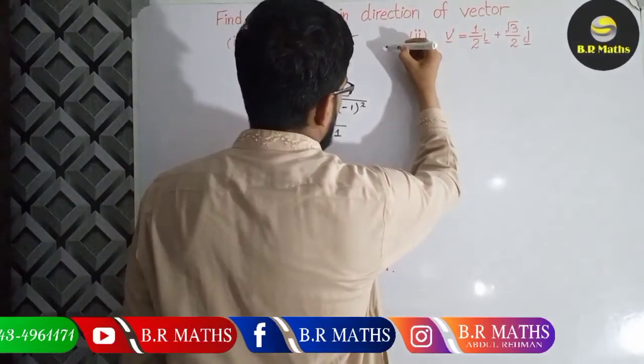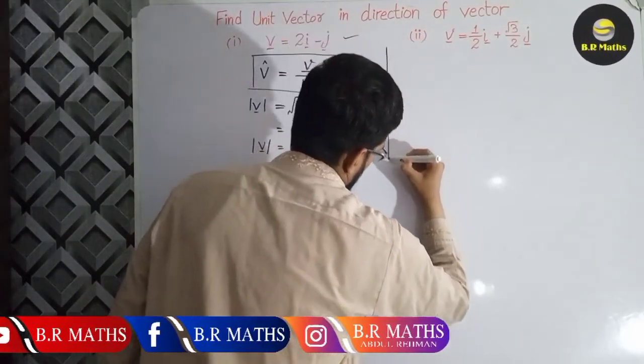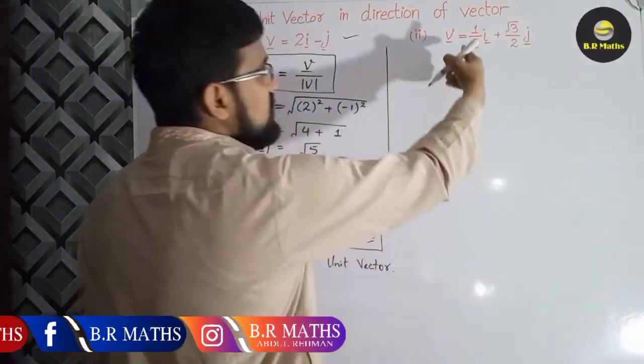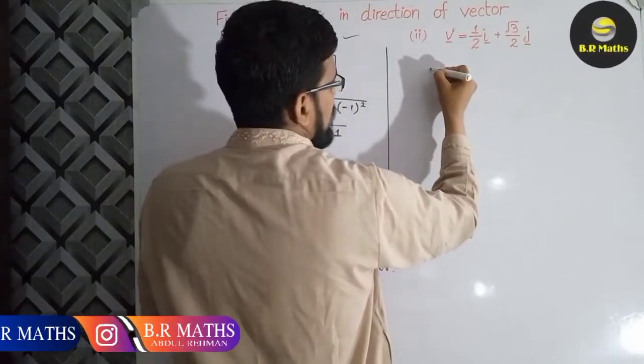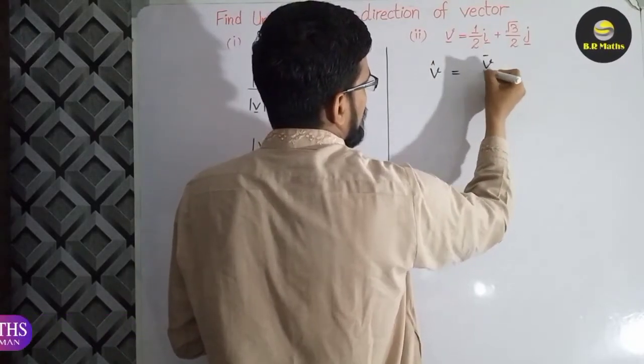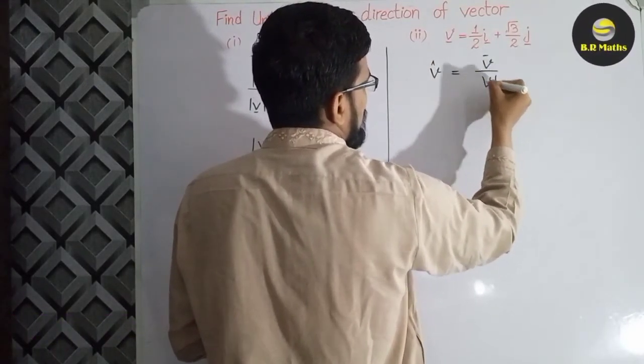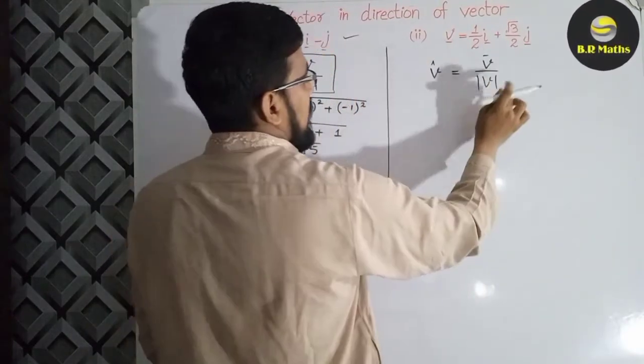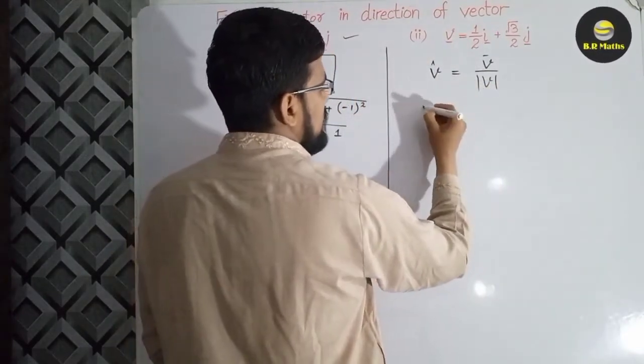Similarly, in this question, firstly write down the formula, vector divided by magnitude, and now find the magnitude.